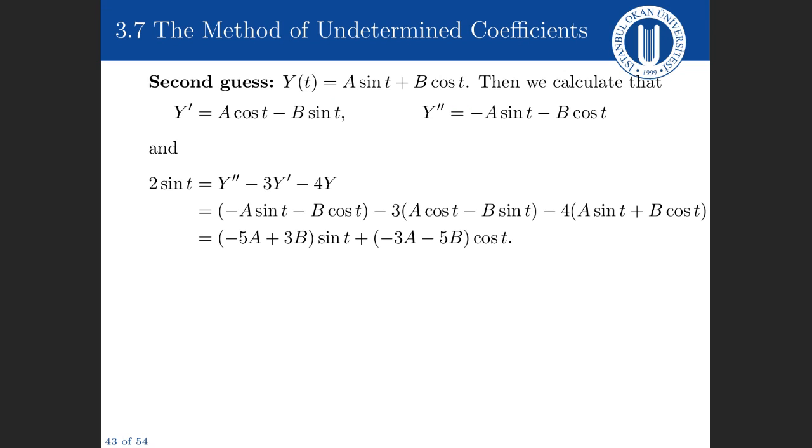Differentiate 2 times and substitute into the equation. I'll leave this for you to check later. We must have 2 sine t and then effectively plus 0 cos t is the same as minus 5A plus 3B sine t plus minus 3A minus 5B cos t.